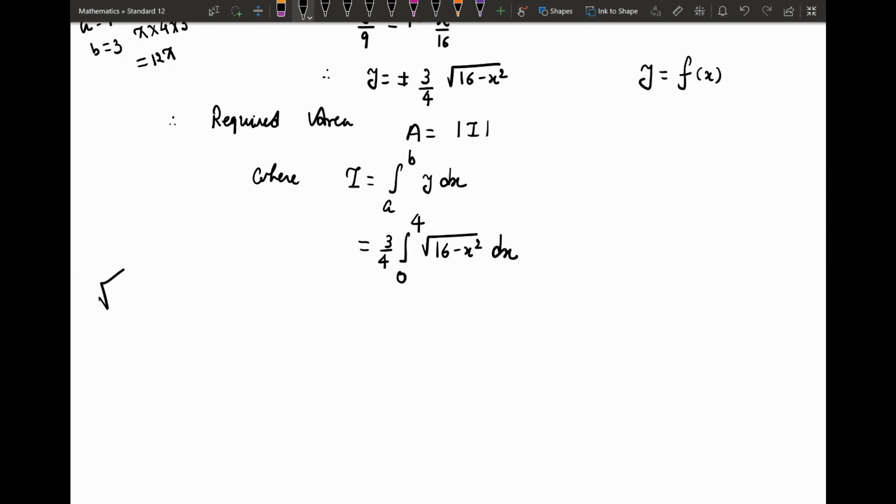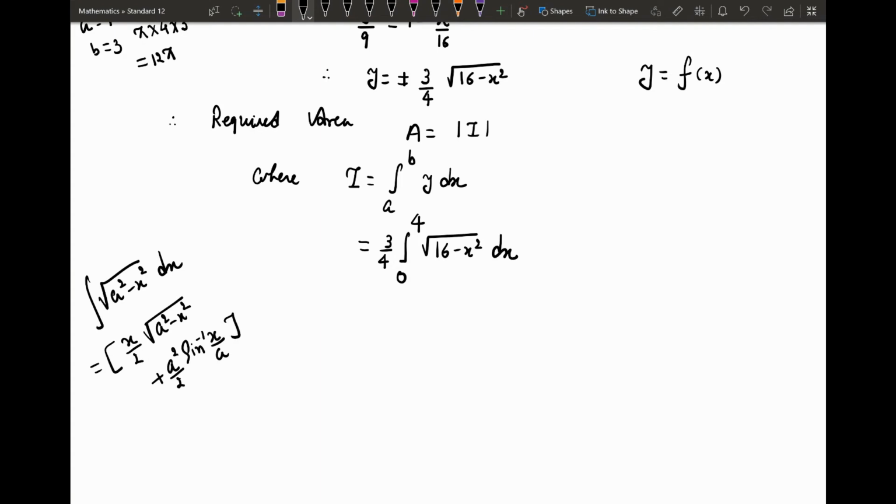So now use the formula for integration of under root a square minus x square dx. We are familiar with this: x by 2 under root a square minus x square plus a square by 2 sine inverse x by a.